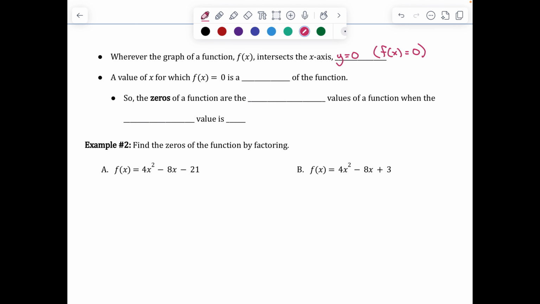So a value of x, for which f of x is equal to 0, is what we call a zero of the function. So the zeros of the function are the input or x values of a function when the outputs or y values is 0.